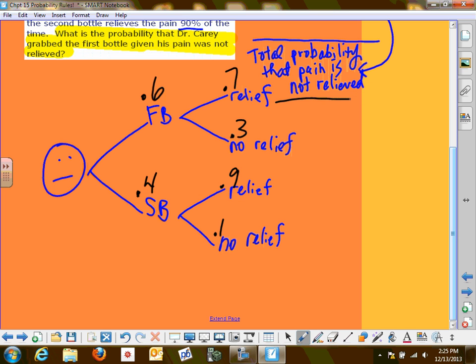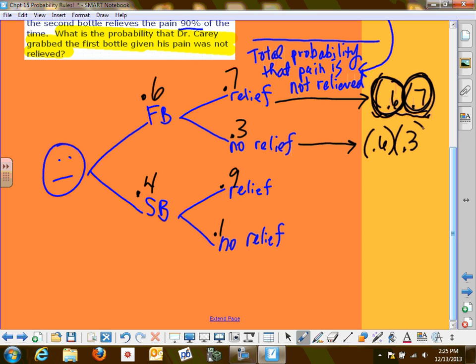So, if I wrote this number, 0.6 times 0.7, what does that number tell you? Perfect. This number is the probability, or the percent of time, that he picks the first bottle and has relief. Then, this would be the percent of time that he picks the first bottle and has no relief.